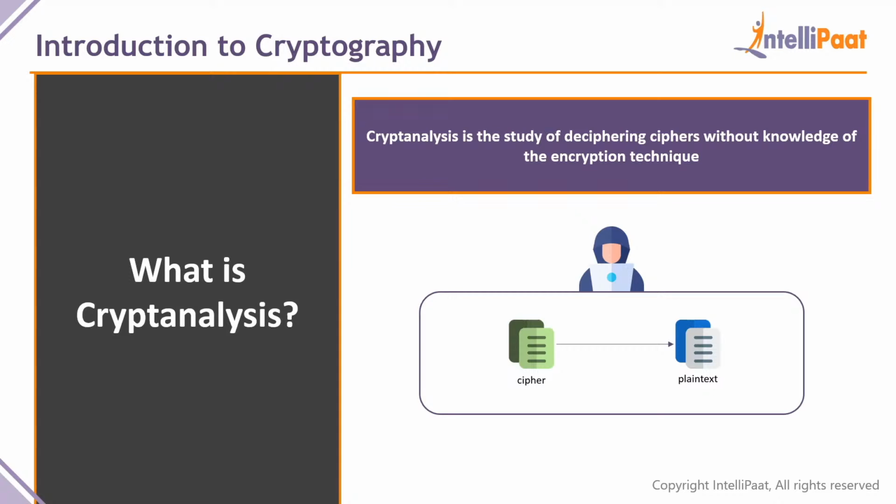They have a key or something, they have the algorithm to reverse engineer the cipher back into the plain text, right? So, cryptanalysis, on the other hand, is the study of deciphering ciphers when you don't have any prior knowledge of the encryption technique. So, you don't have any keys, you don't know the encryption technique, you don't know the reverse algorithm. So, cryptanalysis is the study when you try to convert ciphers by just looking at them and converting them back into plain text, right? So, that is called cryptanalysis.